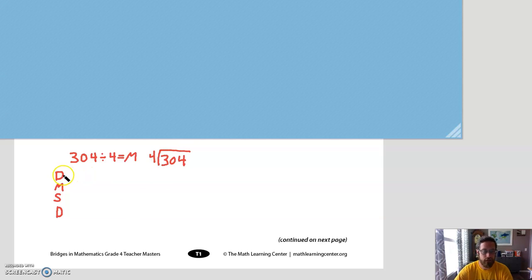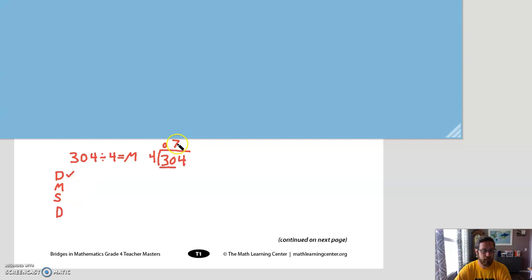Now DMSD: divide, multiply, subtract, drop. So I'm going to divide. Can a 4 go into a 3? Nope. So I'm just going to put a place filler here, 0. So I keep that. And then I'm looking at my first 2 digits. How many 4s can go into 30 without going over? Well, that would be 7. Okay, great. Now I multiply.